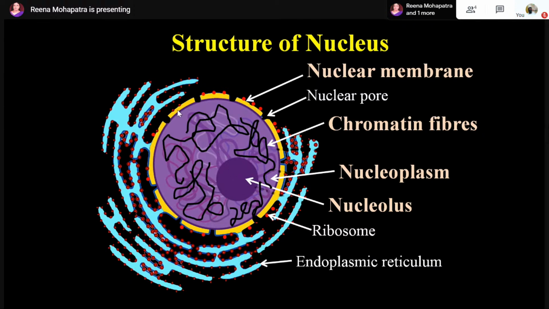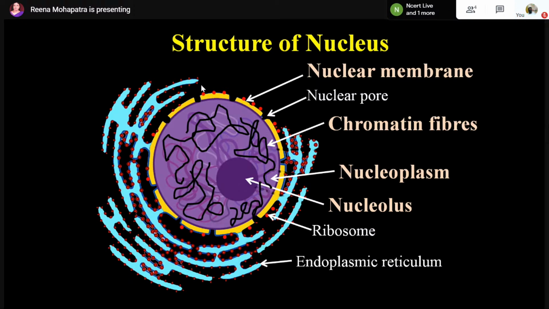Just below the nuclear membrane, there is a specific type of protein present. I won't tell the name because there are so many names, and if you try to remember, that will be a problem. It's very interesting. These proteins form a continuous layer.